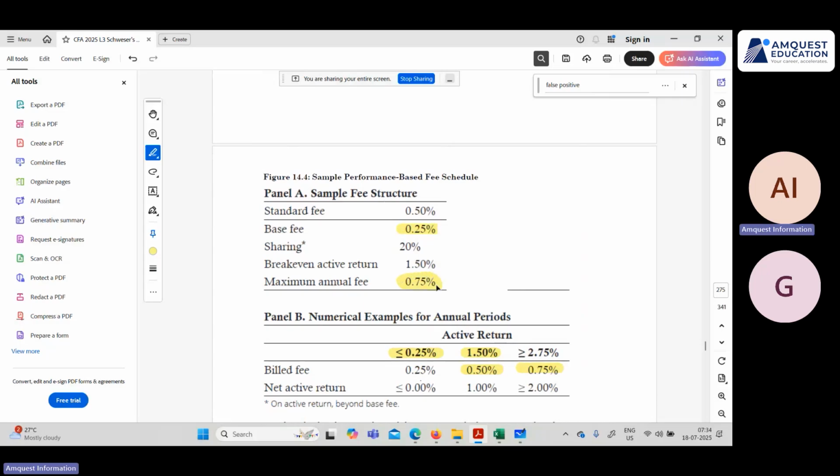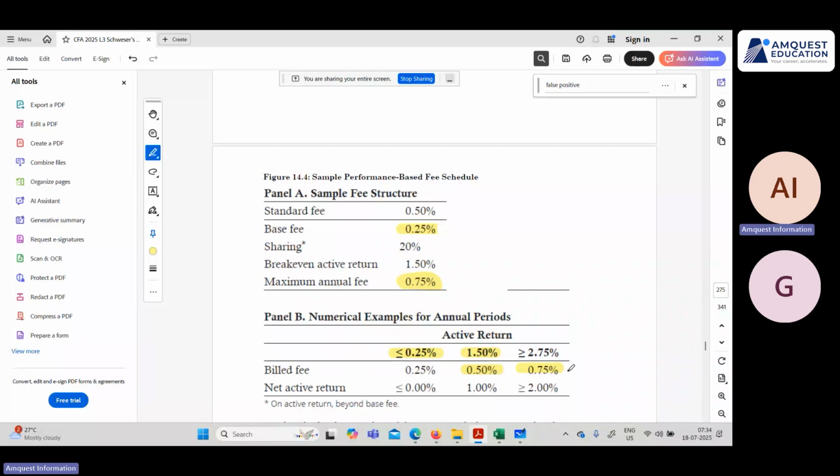This is the last plan, where the upside is limited for the manager. No matter if the manager gives a 10% return or a 15% return, the maximum annual fee that he can ever get is 0.7.